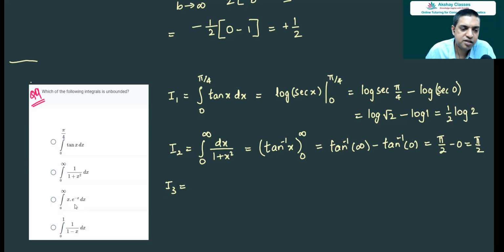The third one, we'll have to do integration by parts. So exponential is the second function by default. The first function is x. So first function into integral of the second, minus integral of the derivative of the first into the integral of the second.